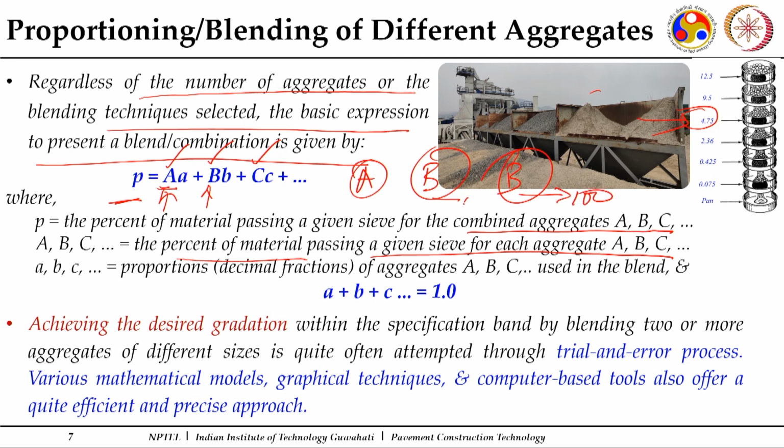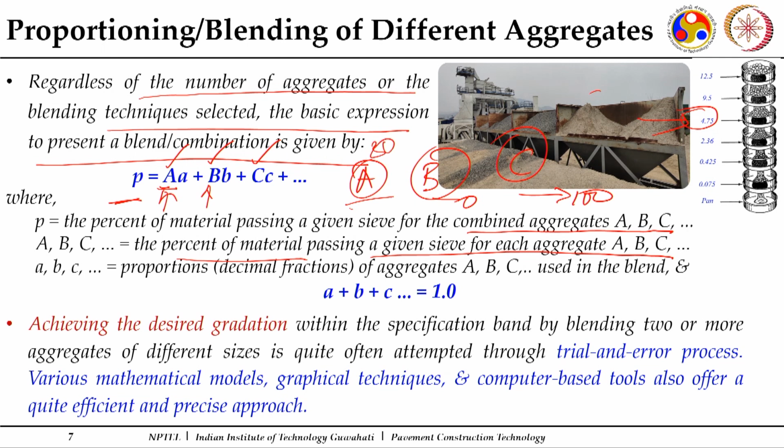There may be a chance this is 0% passing, that for this material everything is retained over 4.75. Then this is for B. For a material C, it may happen that 100% should pass through this 4.75, and for this particular material, it may happen that 80% may pass through it.